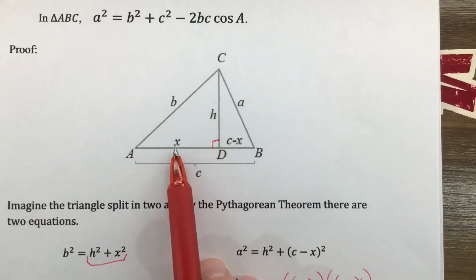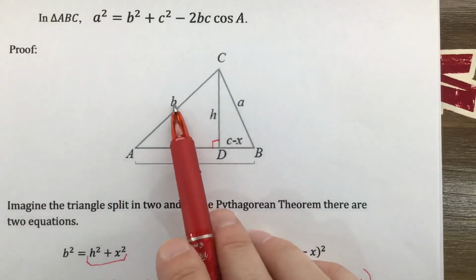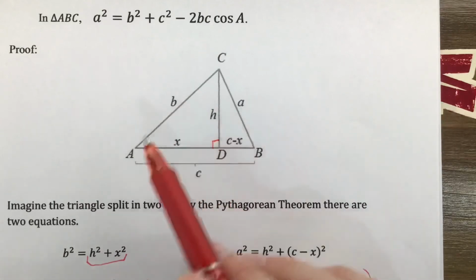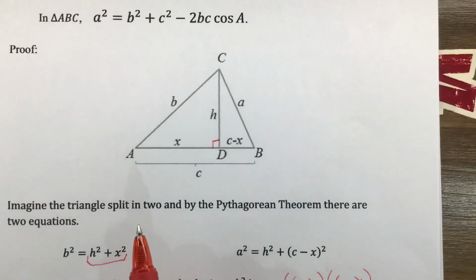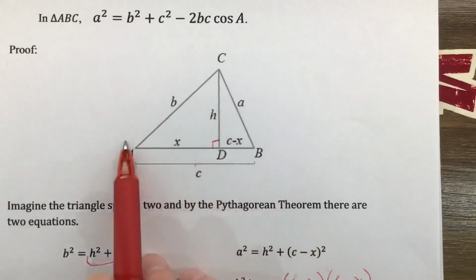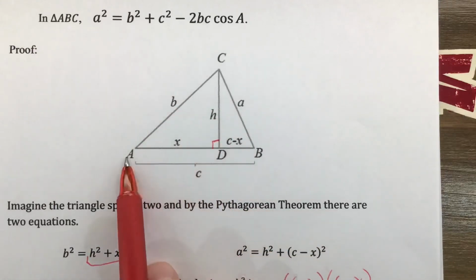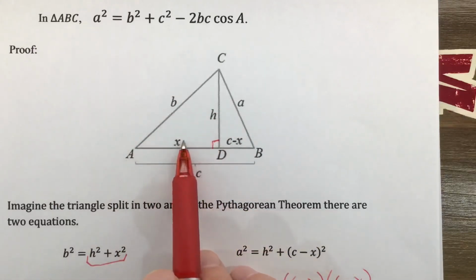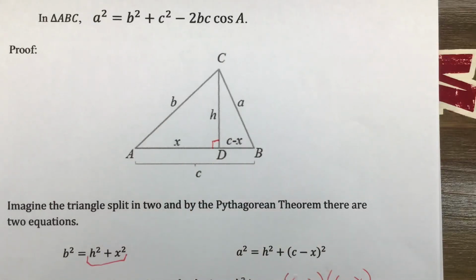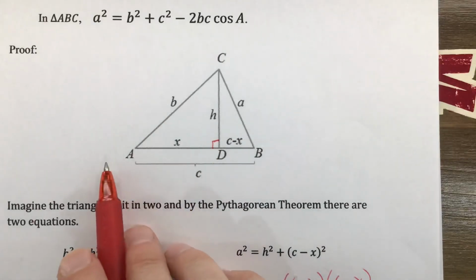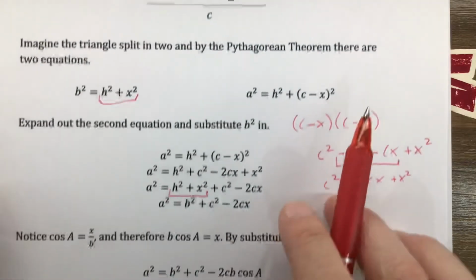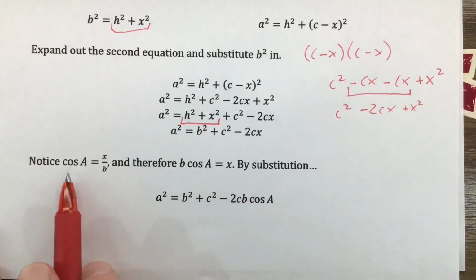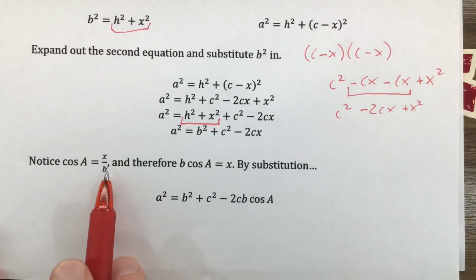It's got the x that we don't want, it's got the b, and it's got the capital A that we want. So I'm going to set up a trig ratio that involves those things. Now, x is adjacent to a, b is the hypotenuse, so adjacent over hypotenuse is cosine. I could say that the cosine of capital A is equal to x over b. That's what I have down here.